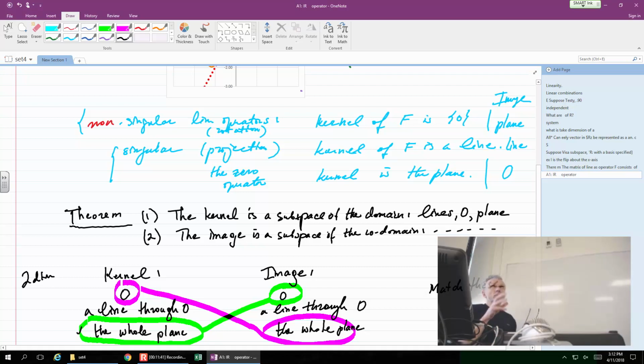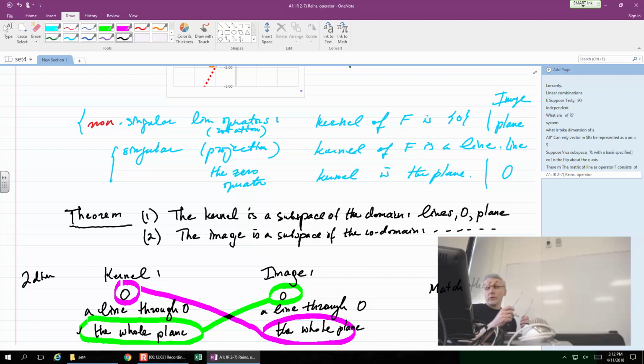The only thing that goes to 0 is 0, right? We do not lose anything. So the image will be everything. So you rotate a piece of paper. Well, the image is the whole plane, right? Or you flip it, or you stretch it. It's still the whole thing. So you're not going to lose anything from the image.